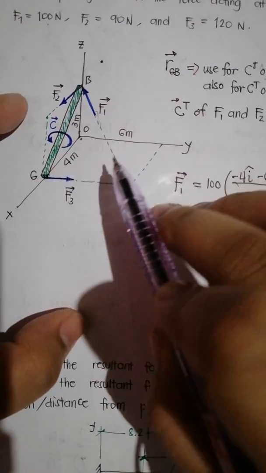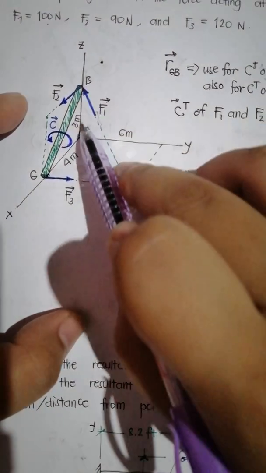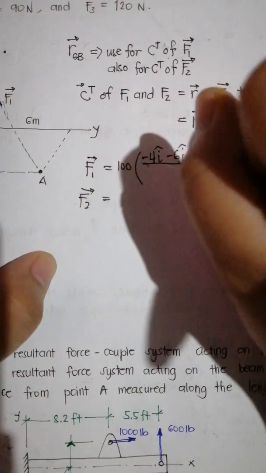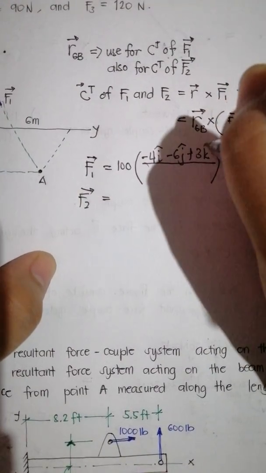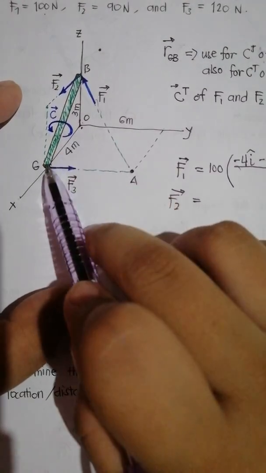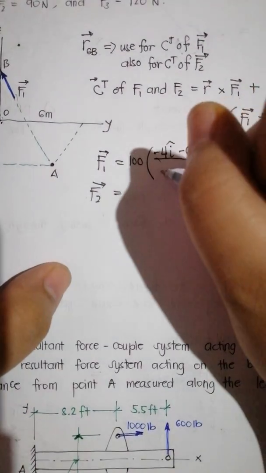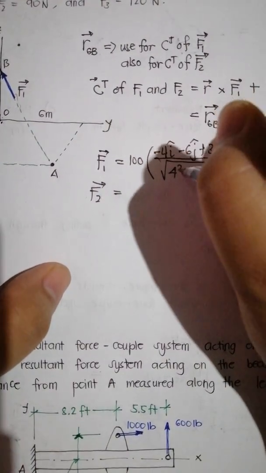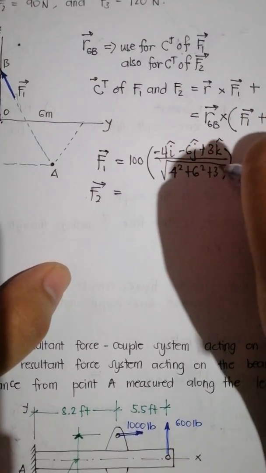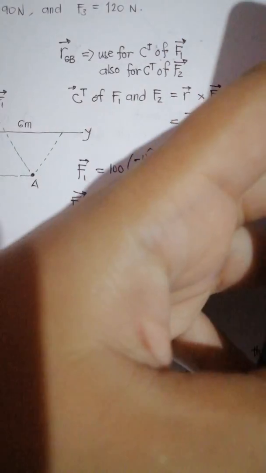Then for k, upward, this distance, this is 3 meters. So positive 3k. Let's check kung tama ba. So we have 4, negative 6, positive 3. And then we have 4 squared plus 6 squared plus 3 squared.